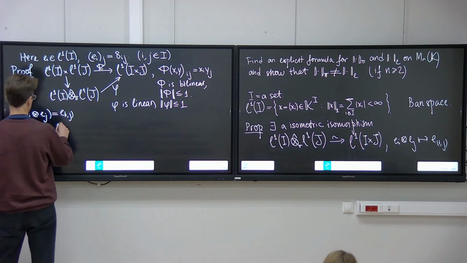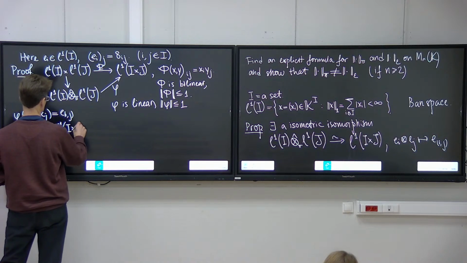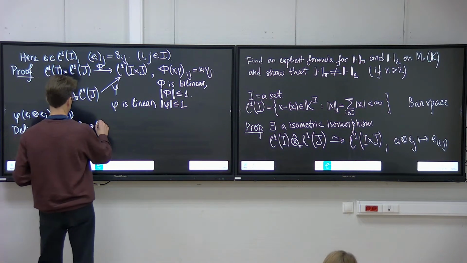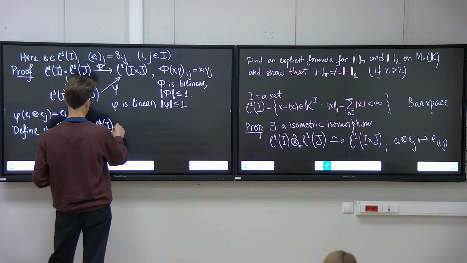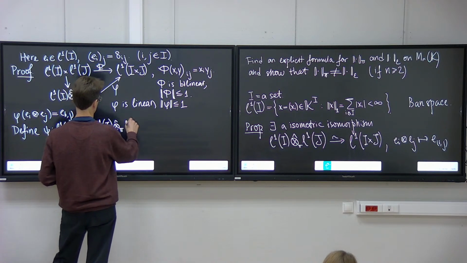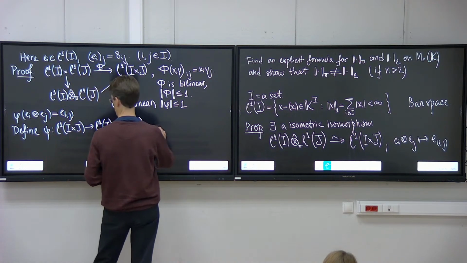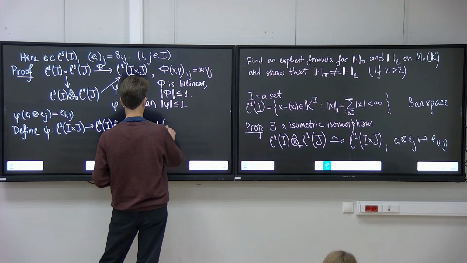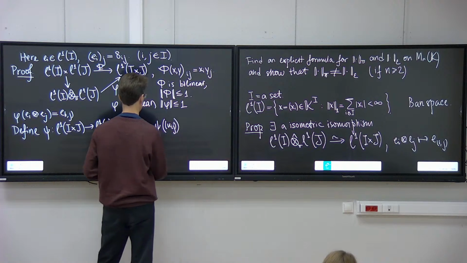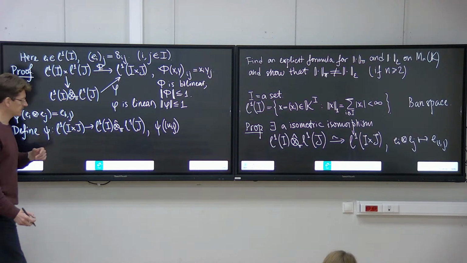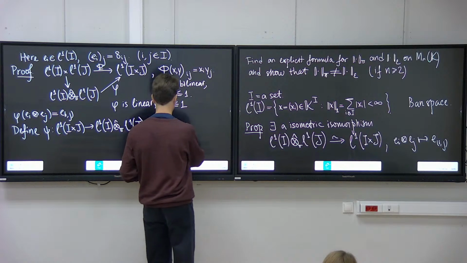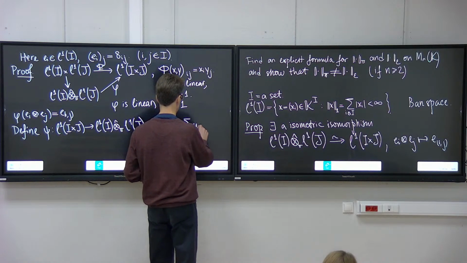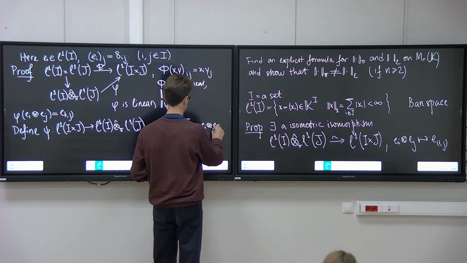from L1 of I times J to the projective tensor product of our L1 spaces by the following simple formula. If, say, u_(ij) is a summable family in this L1 space, then we take this family to the following sum over i and j, u_(ij) e_i tensor e_j.